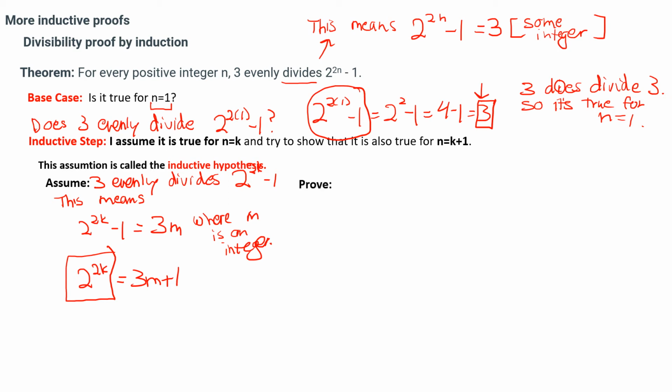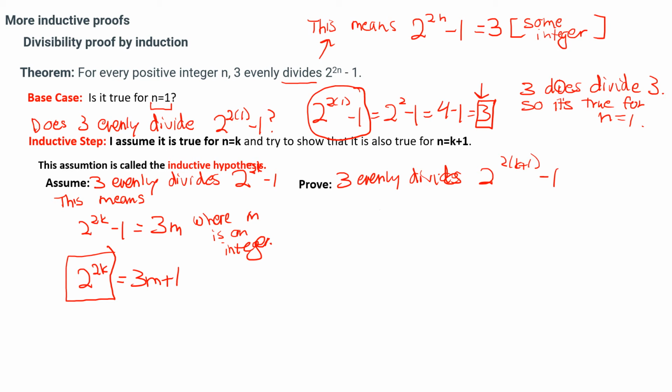So now what do we need to prove? We need to prove that 3 evenly divides 2 to the 2 times k plus 1 minus 1. Okay, so how are we going to prove that? Well, first of all, let's remind ourselves what that means.